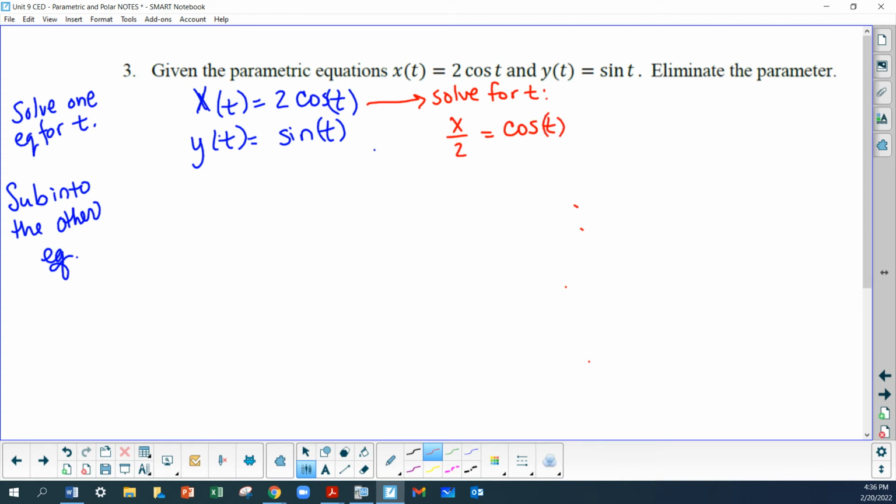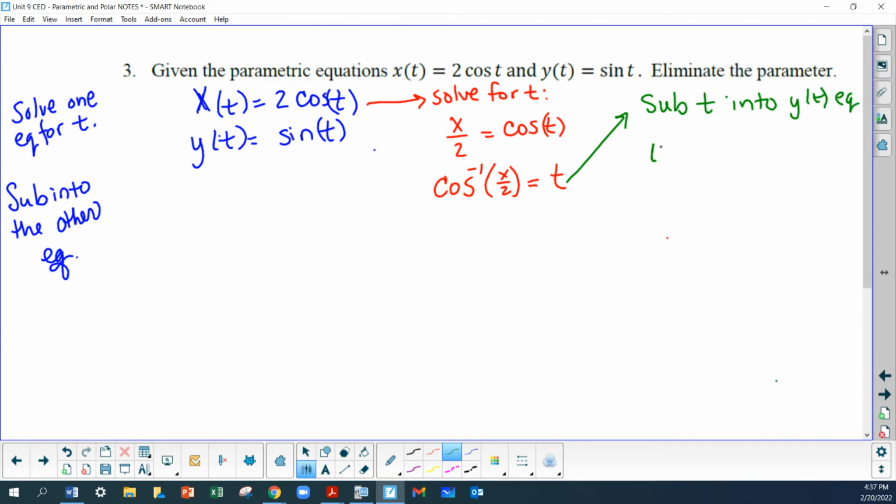Now, how do I get rid of cosine? I would have to take cosine inverse of both sides, right? So this will be cosine inverse of x over 2, and cosine inverse of cosine would leave me just t. Now, I can take t and sub it into the y of t equation.